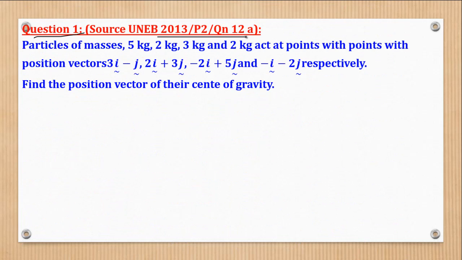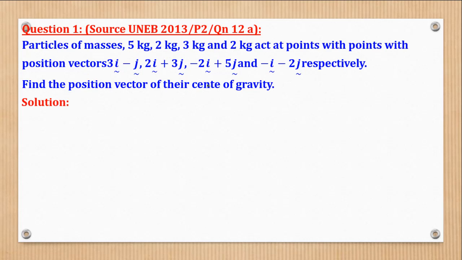Question 1 came from UNEB 2013, paper 2, question 12A, and says, particles of masses, these ones, act at points with position vectors, these ones, respectively. Find the position vector of their center of gravity.